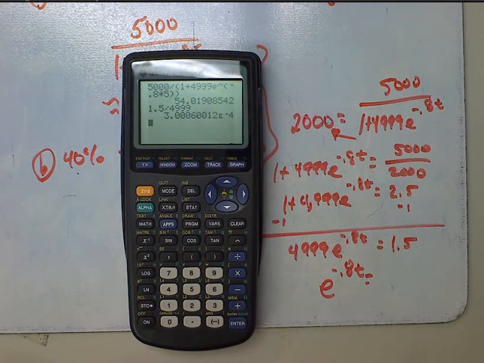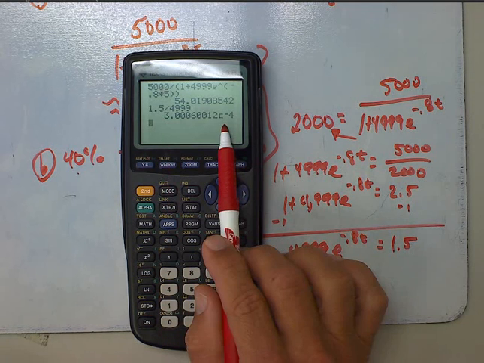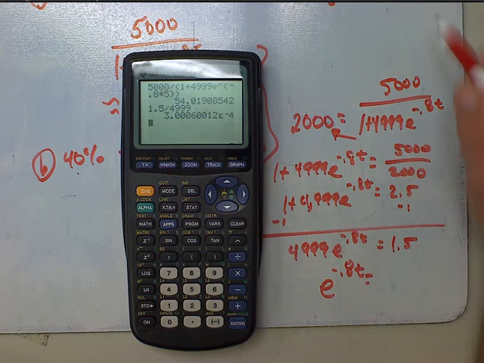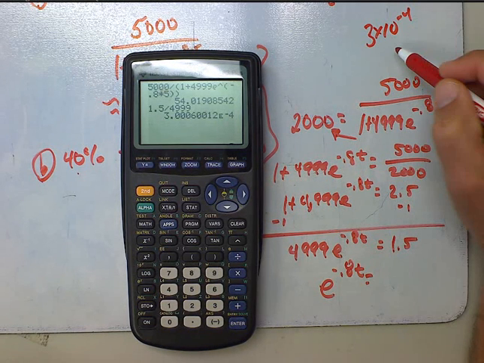Well, what is that number? Well, it's essentially 3 times 10 to the negative 4th. Make a little note up there. And so that'd be 0.0003.